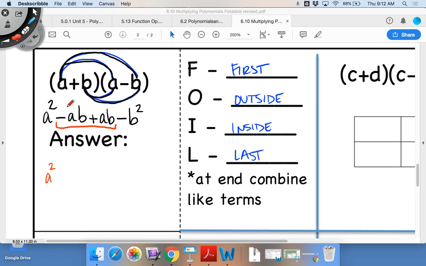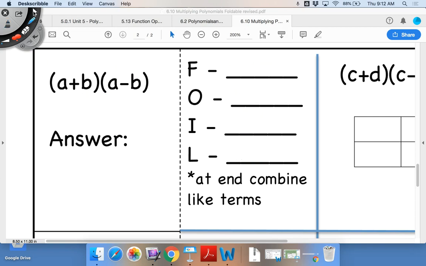Negative AB, so it'd be like negative 1AB plus 1AB would cancel each other out, so we don't write anything for that term. Minus B squared. And that would be our final answer in this case. And that was your first time doing FOIL, and you guys did good. Not terrible? So we're going to do another example of FOIL right underneath.